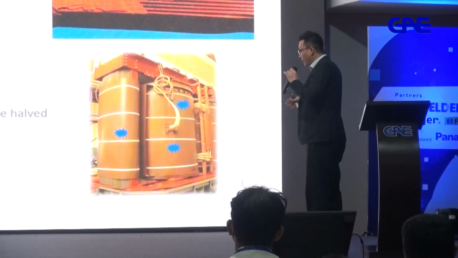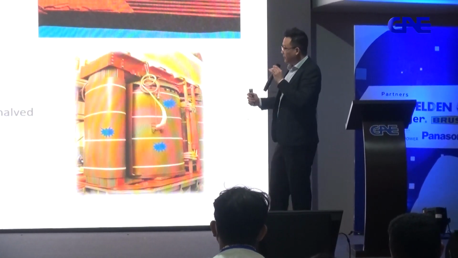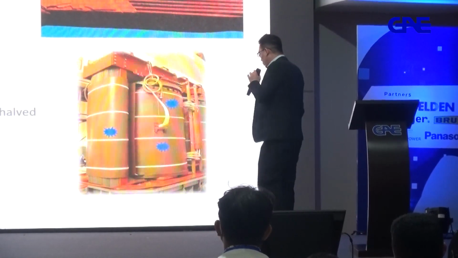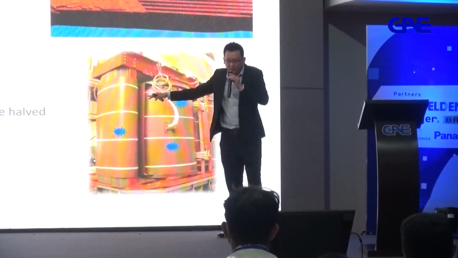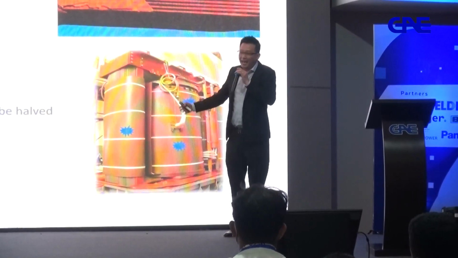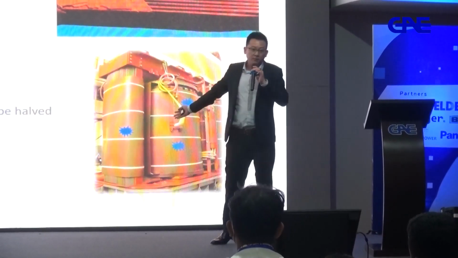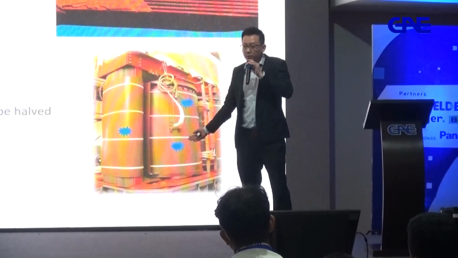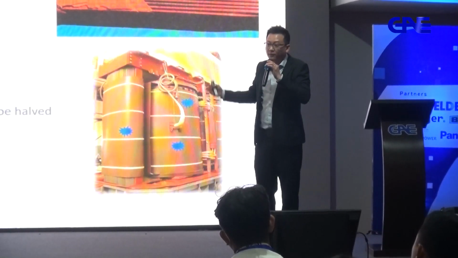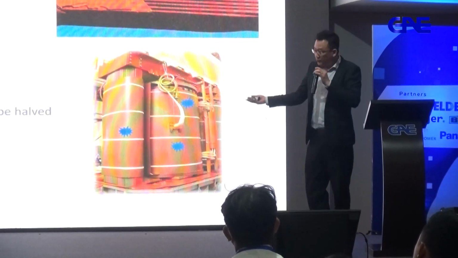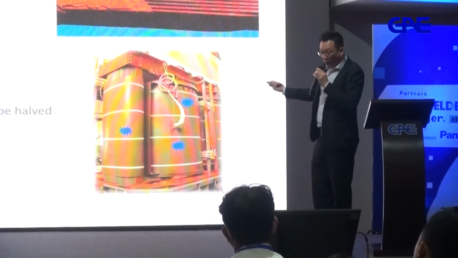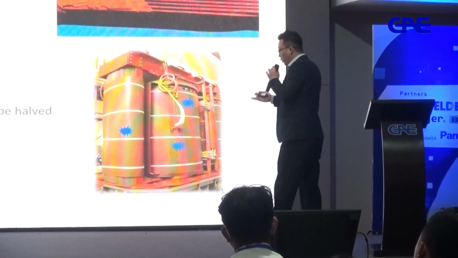So it accelerates the aging rate of insulating material. When we talk about the insulation inside the transformer, where moisture enters, you actually age the transformer. General rule: every doubling of moisture in oil, the life of the transformer will be halved.